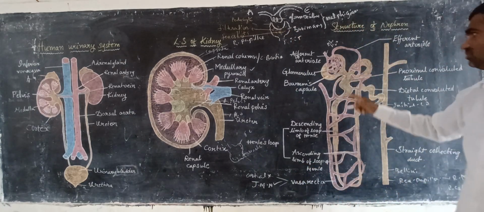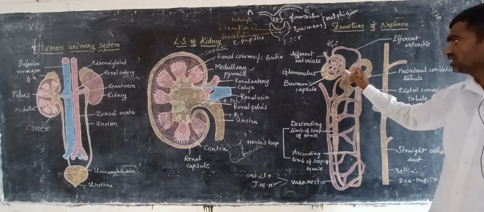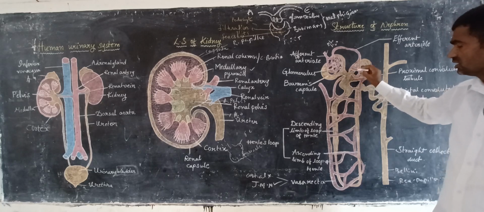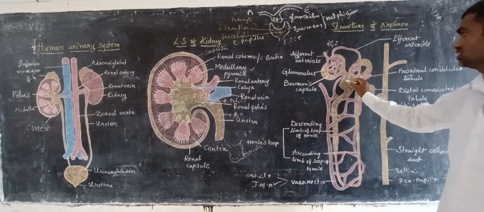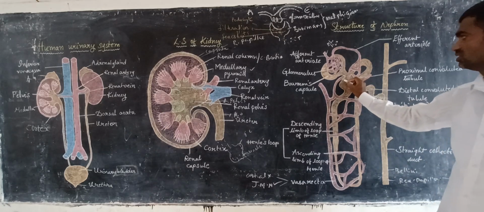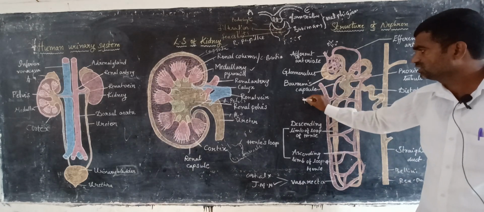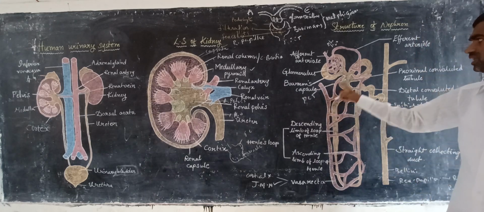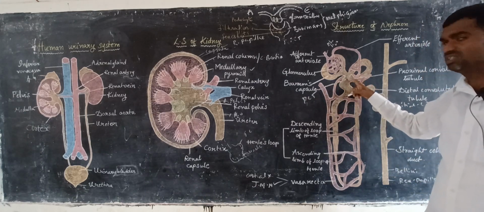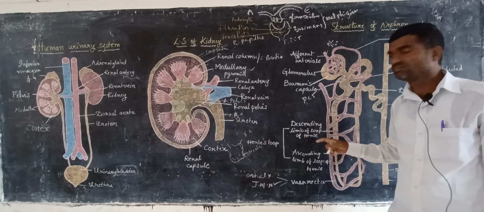See in this diagram, this is the Bowman's capsule. From Bowman's capsule, the H2O molecules now reach the PCT region. PCT means proximal convoluted tubule, which is near the neck region of Bowman's capsule.